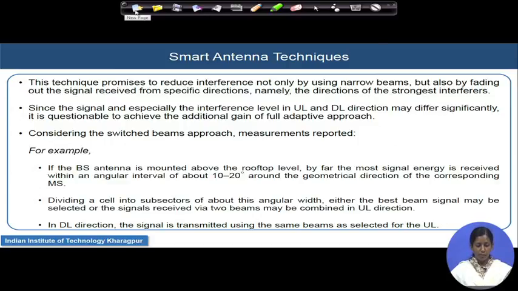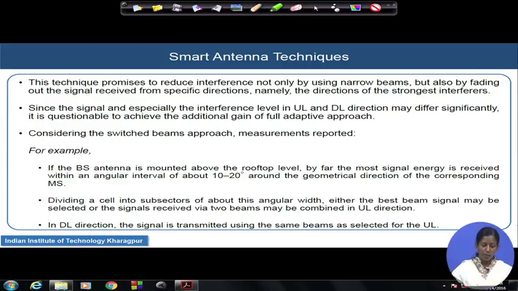But now remember, see the plus points of this smart antenna technique. It promises to reduce the interference, not only by using narrow beams, but also by fading out the signal received from a specific direction. So, it is as if working as a spatial filter. It is not only maximizing the signal power by pouring the maximum amount of transmitted signal power towards a specific direction, but also fading out all the signals that are coming from different directions.